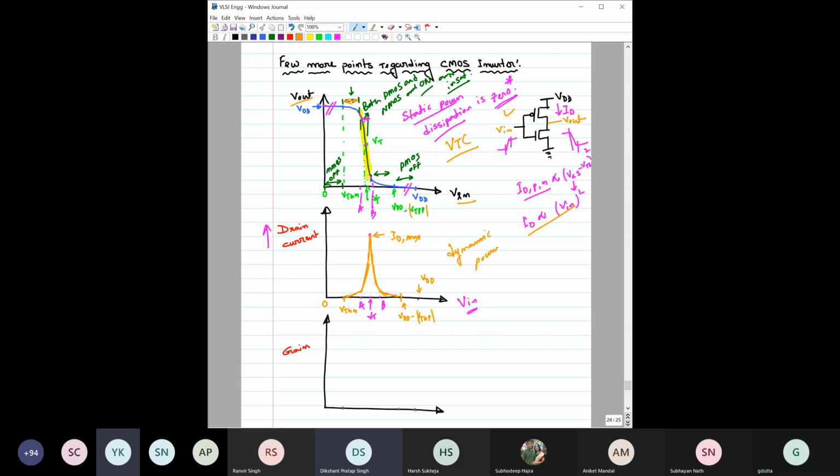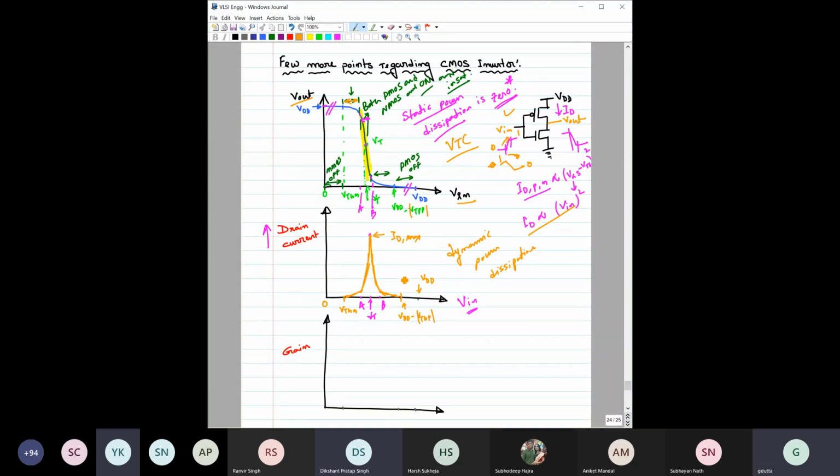Dynamic power dissipation means when you are doing any transition, either from 0 to 1 or from 1 to 0. In either case you have to cross this region, and at that time there is a direct path from VDD to ground, and there will be power dissipation.